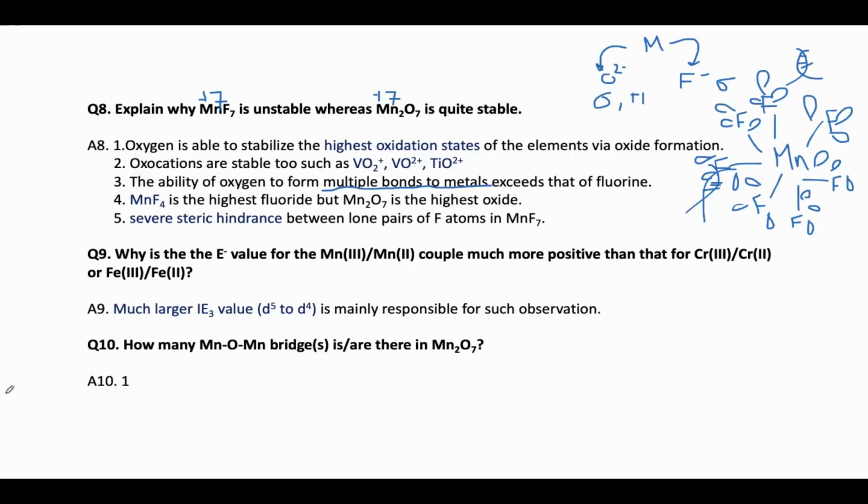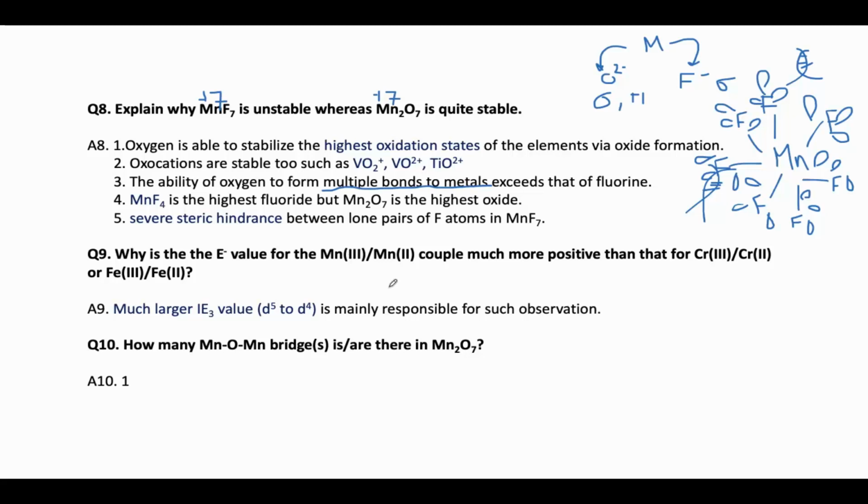The next question is, why is the E0 value of the Mn3+/Mn2+ couple much more positive than that for the Cr3+/Cr2+ or the Fe3+/Fe2+ couple? In this case, the much larger IE3 value is the main factor responsible for such an observation. You can see the Mn3+/Mn2+ couple E0 value.